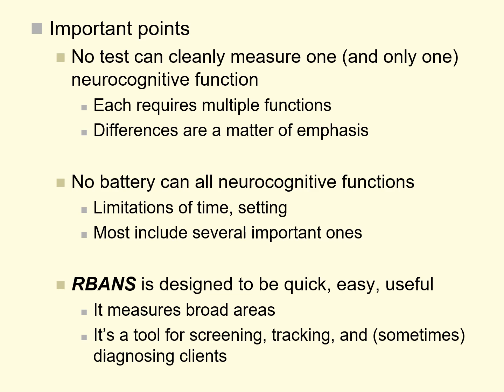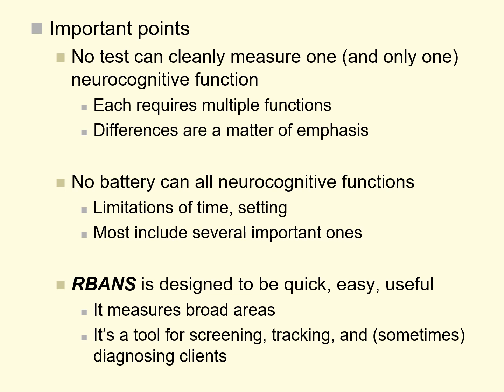No neuropsychological battery can assess all neurocognitive functioning. So there's a lot that the RBANS doesn't measure, or doesn't measure as well as other batteries could, because it was designed to be quick and easy and useful. It's designed to give us a very broad assessment of some different important areas.